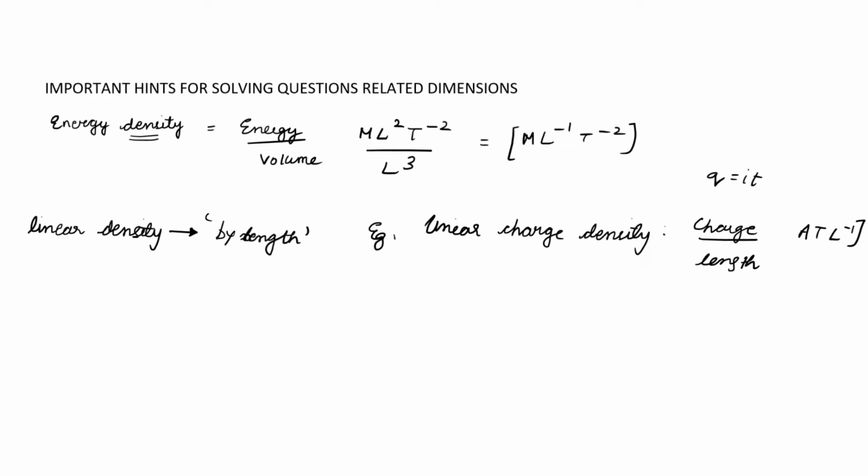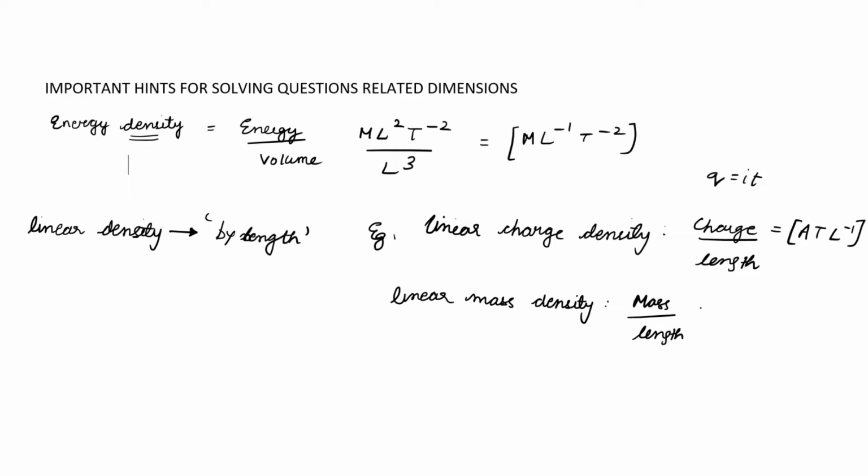Simple. Now let's look at another term, which is linear mass density. What will be its formula? Simple, mass by length. There are a few terms like this where students get confused and might not know the actual formula, so they end up losing marks.